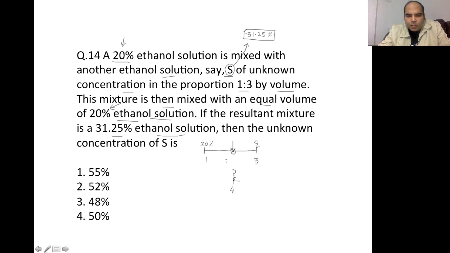That means you're mixing 4 of an unknown outcome, and S is also unknown. You're mixing 4 units of this unknown outcome with 4 units of 20% because the question talks about an equal volume. So you're mixing 4 units of 20% and 4 units of this to get 31.25%.